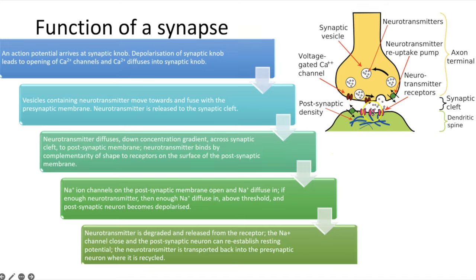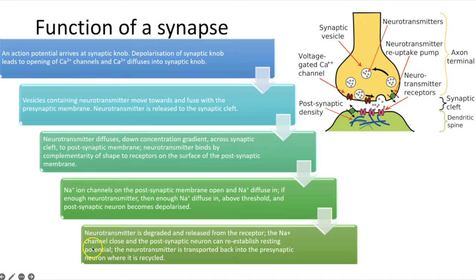Those neurotransmitters do not remain permanently bound to the receptors though, because if they did, that would result in the action potential constantly being generated in the postsynaptic neuron, even if there was no longer a stimulus there. So that means the neurotransmitter has to be released from the receptor. And the way that happens is the neurotransmitter chemicals are broken down or degraded, and that causes them to be released from the receptor.